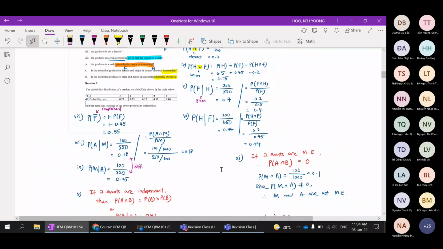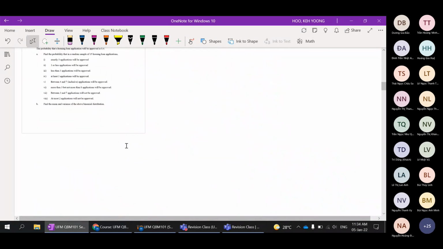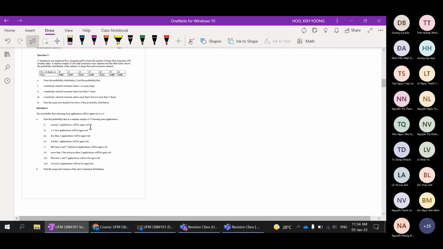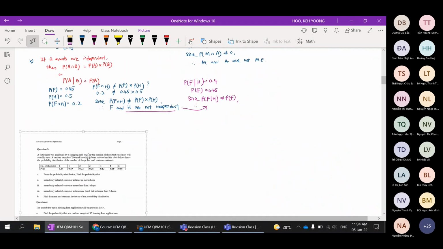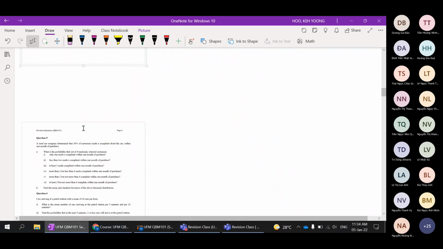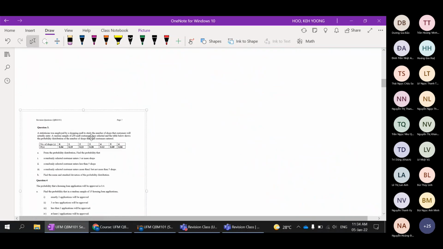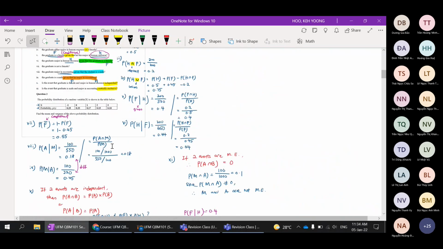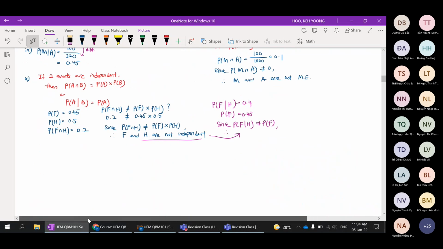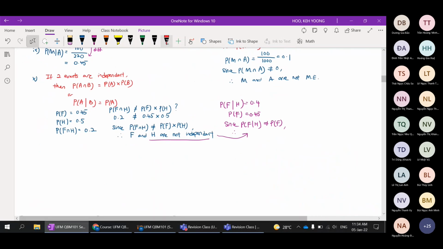For the formulas, you can refer to the last few pages.